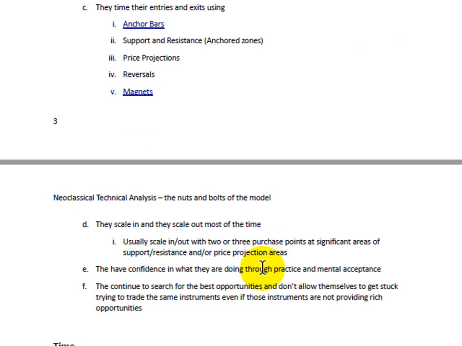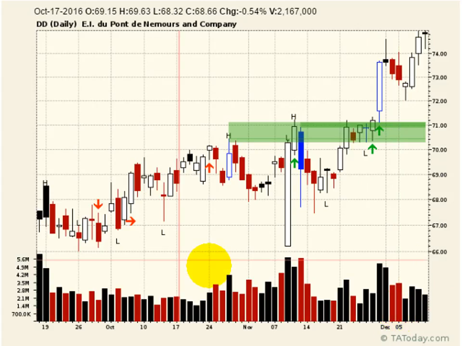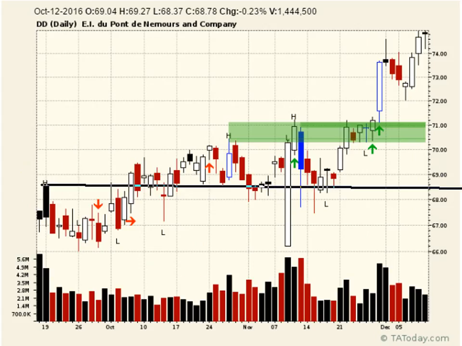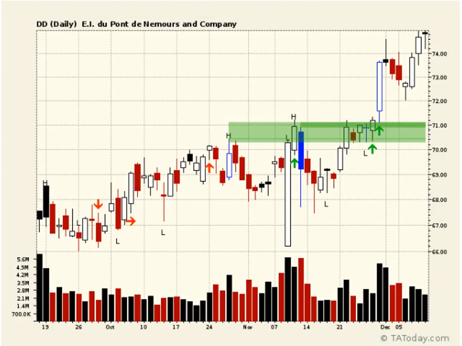In other words, let's say that you're making purchases, and let's go back to our DuPont chart. Since we're wearing this chart out, let's use it one more time. Let's say that we wanted to buy into DuPont. We notice over here that we break this swing point high, right?